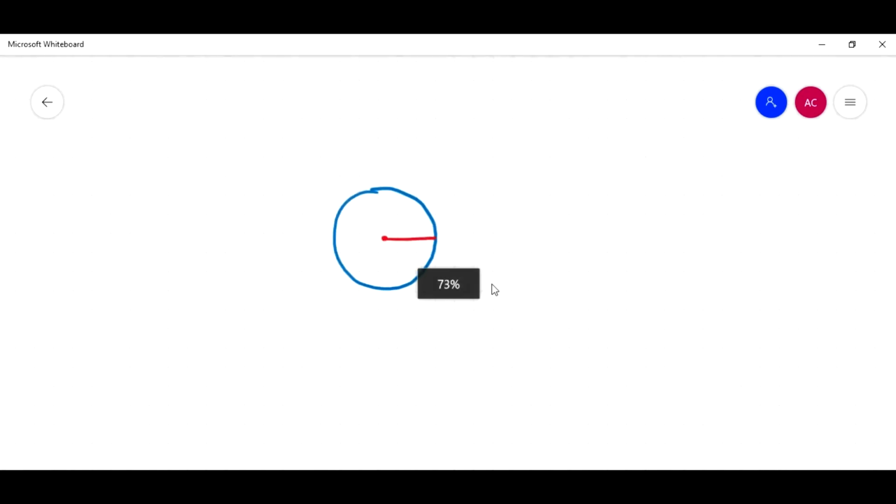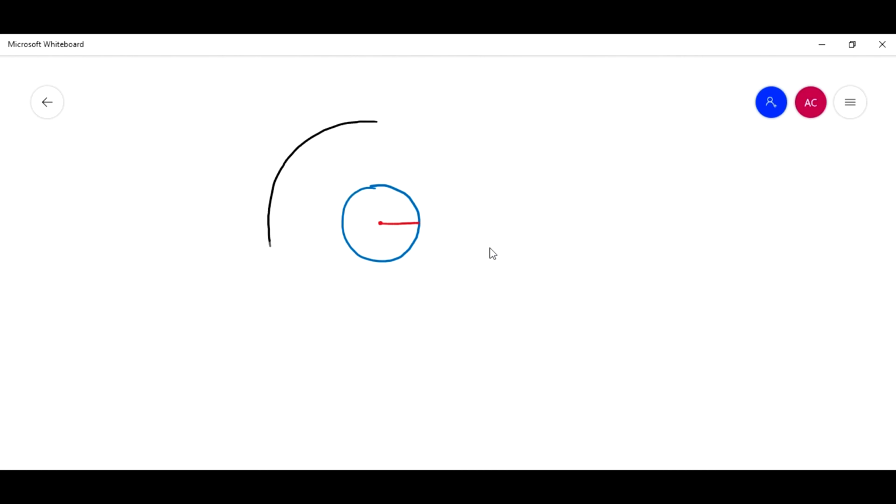The International Space Station is orbiting the Earth in a big circle, just like this, and this is where the International Space Station is.